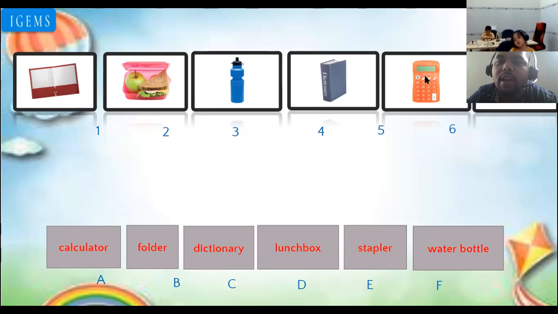Number one. Let me see. Number 1 is a folder. Number 2 is a lunchbox. Number 3 is a water bottle. Number 4 is a dictionary. And what is number 5?